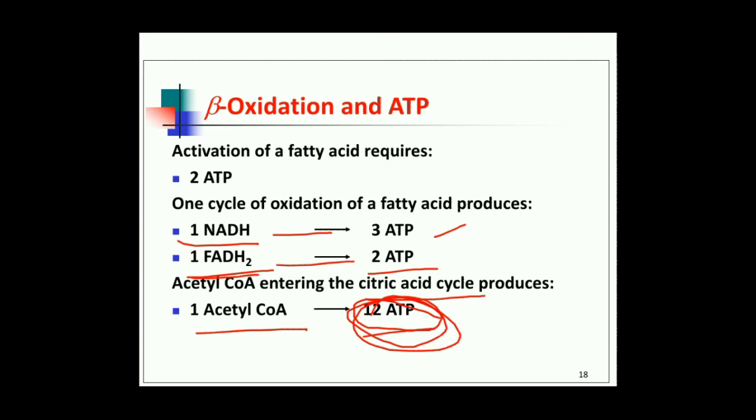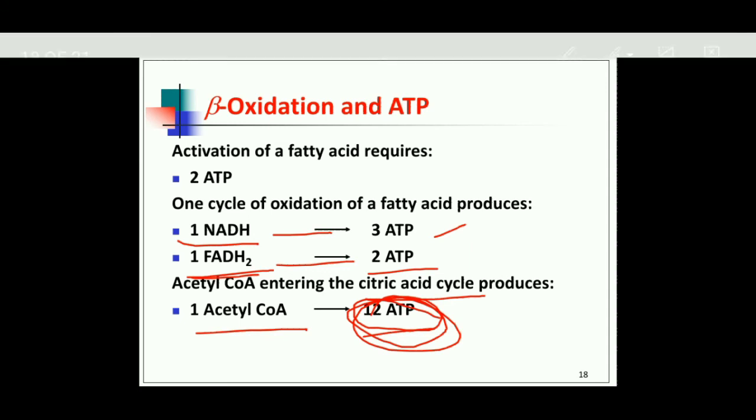The main theme of obtaining acetyl coenzyme A was to make it go into the Krebs cycle so that energy will be produced, because fats are a huge source of energy for the human body. Clear? Okay, now let's move on.